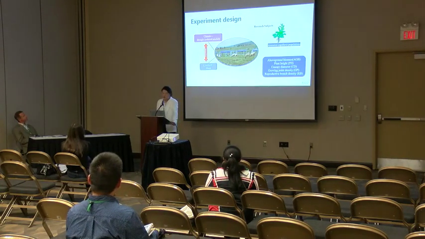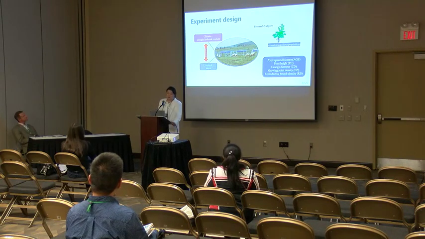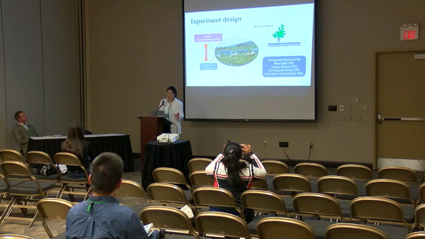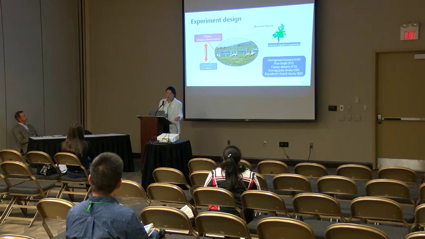Then we set up the experiment design with two kinds of treatments. One is climate change, drought, where we use a shelter to reduce the rainfall, and the other is grazing management.